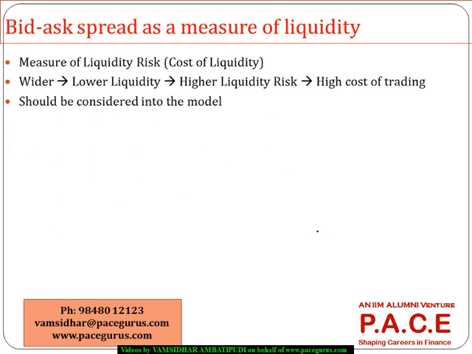Then the next thing we need to talk about is the role of bid ask spread. This is a big measure of liquidity and the liquidity risk. We also call it the cost that is involved with respect to the liquidity of the transaction. We need to differentiate between these two words, liquidity and liquidity risk.